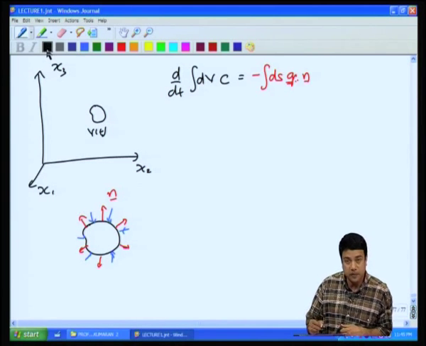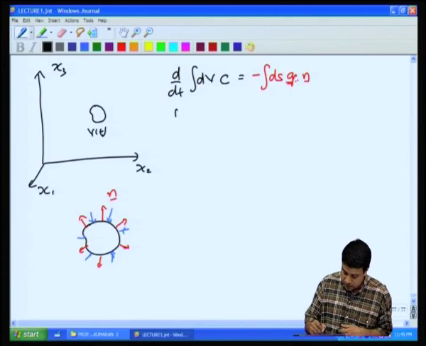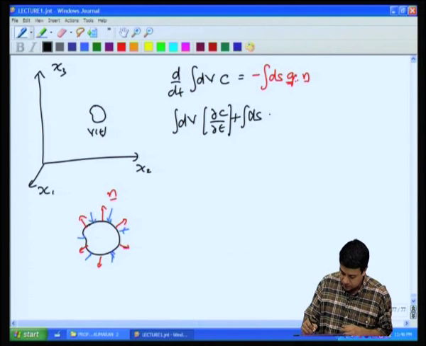Simplify this using the Leibniz rule once again. I get integral dV of partial c by partial t plus integral dS of c u dot n minus integral over the surface of q dot n.